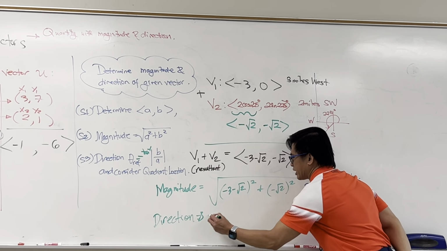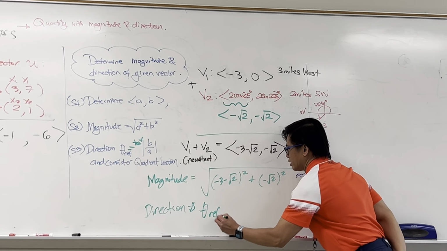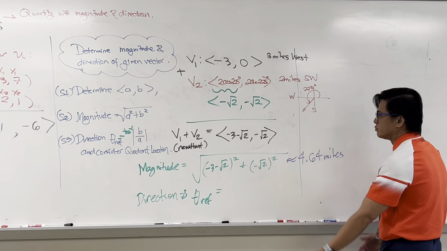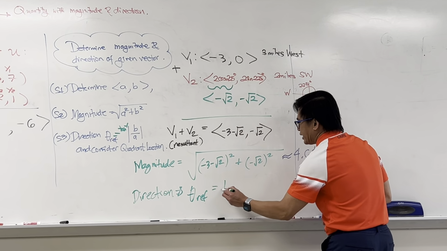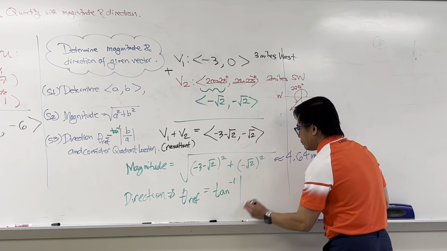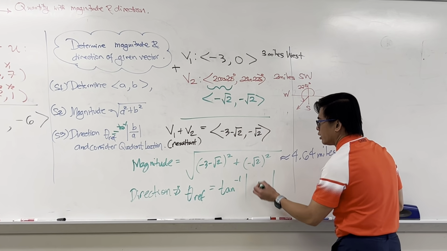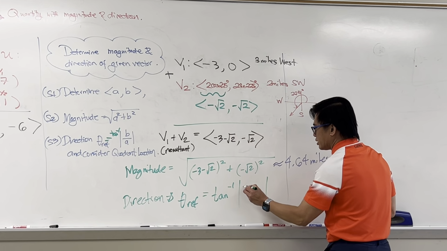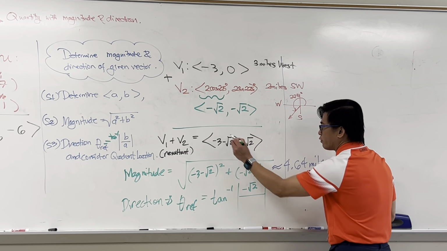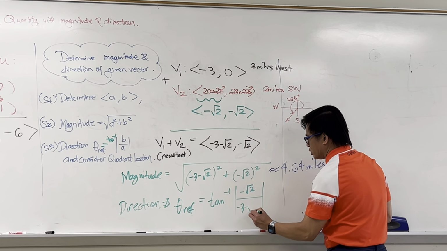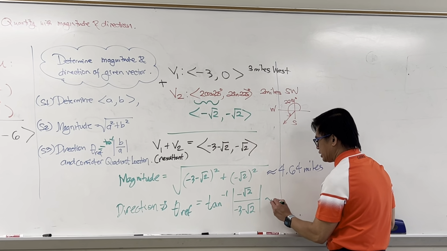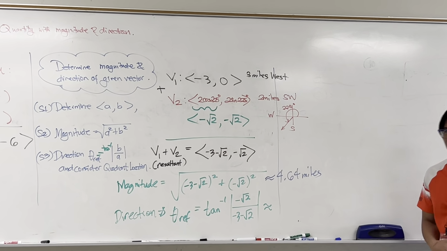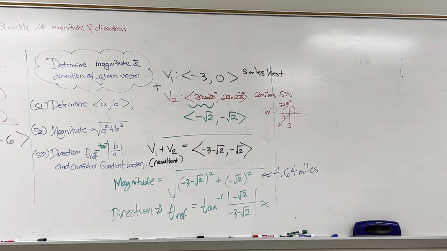So let's get first the reference angle. Reference angle is equal to what? Tangent inverse of the absolute value of what? B, that's negative square root of 2 over A, -3 minus square root of 2. Okay, so let's see. What's that going to be? Let's consider that one in degrees, okay?